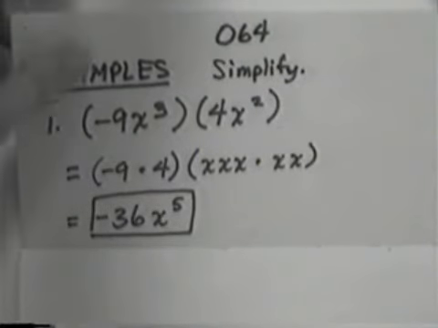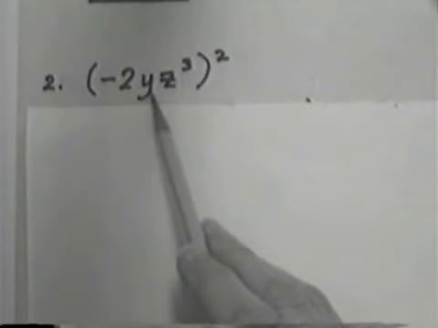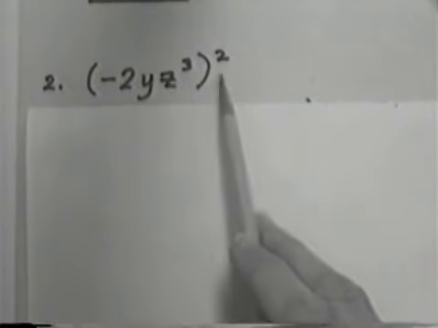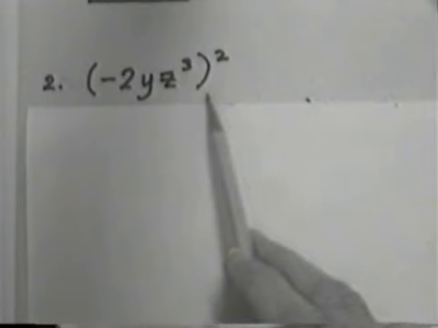Let's do another example. Our next example is, in parentheses, negative 2yz to the third power, close parentheses, exponent 2. So we have the expression negative 2yz cubed raised to the power 2.